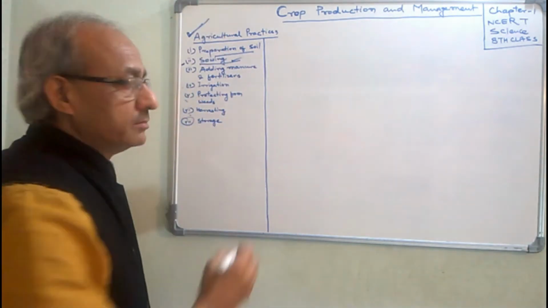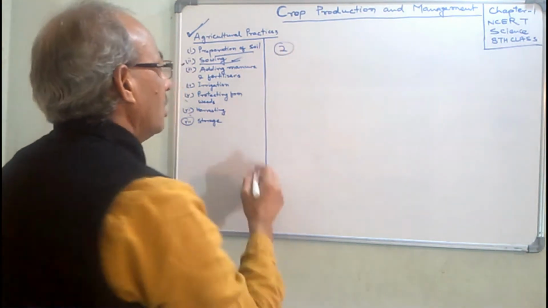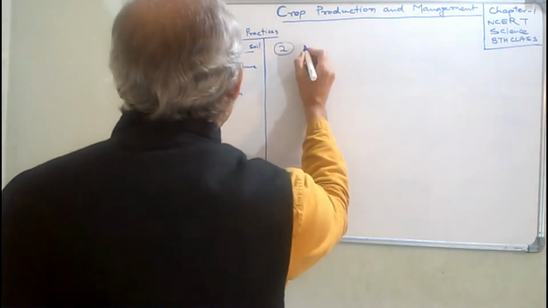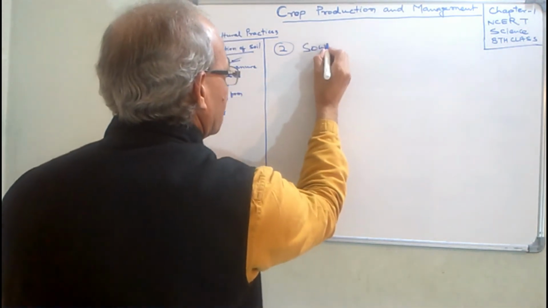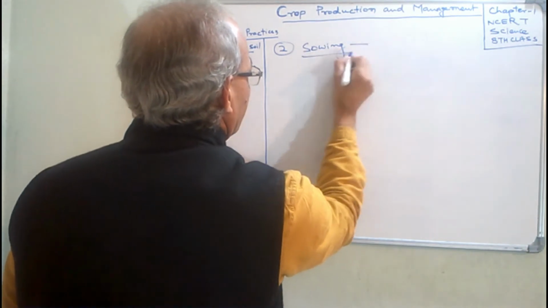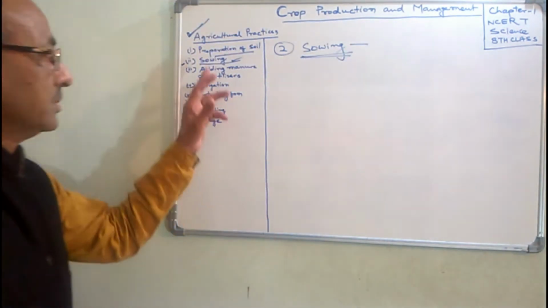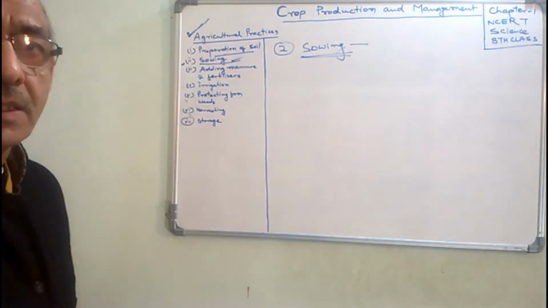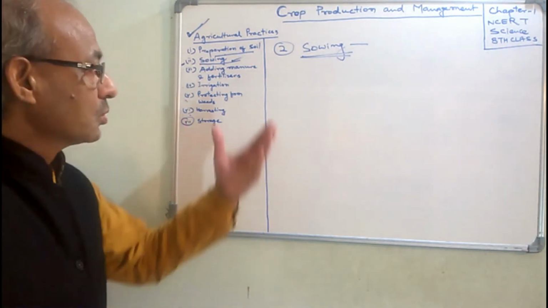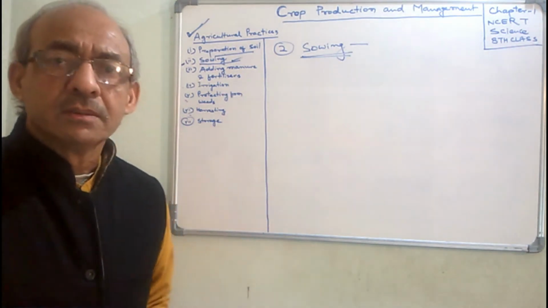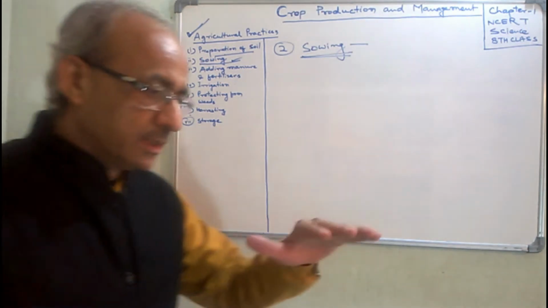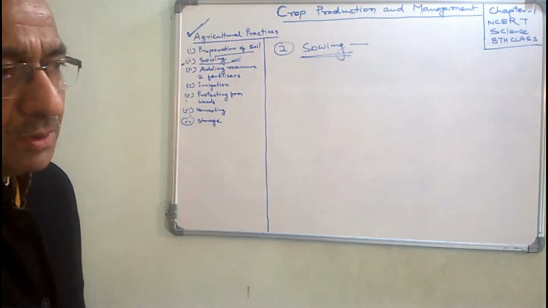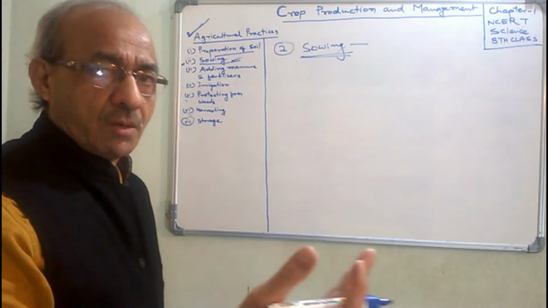This is the second step of agricultural practices. We are going to understand what sowing is. Sowing means putting the seeds in the prepared soil, in the prepared field, for the future crop.